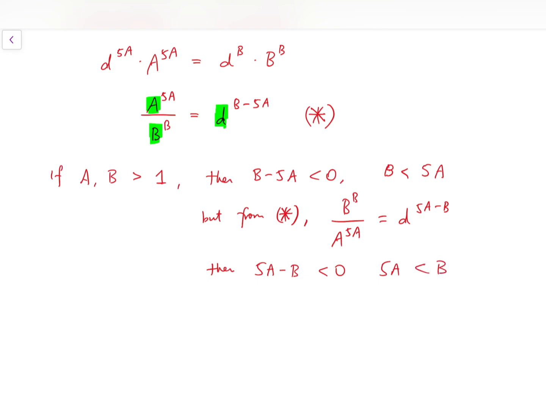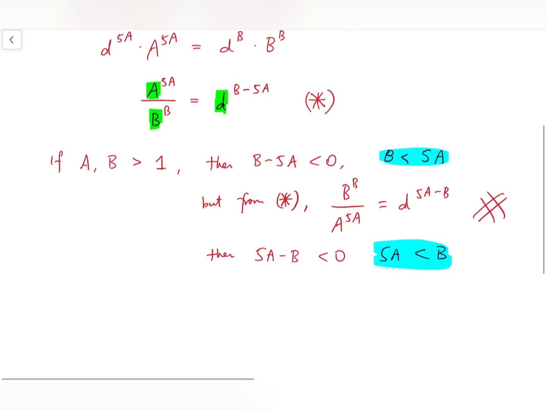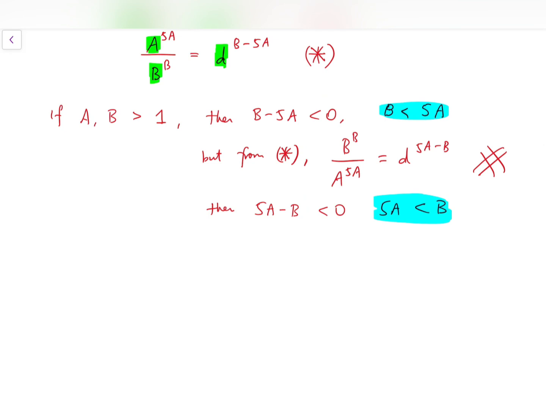And this tells that 5A is less than B. But apparently these two inequalities contradict each other, so this case is not possible. Now if this is not possible, then we have only 2 cases left, which are either A equals 1 or B equals 1.